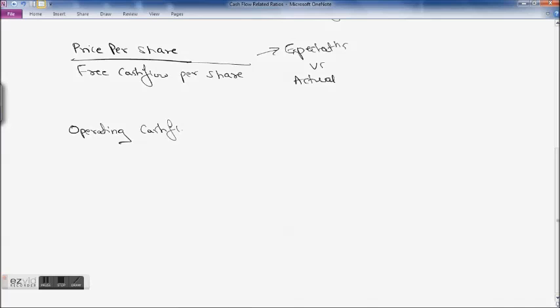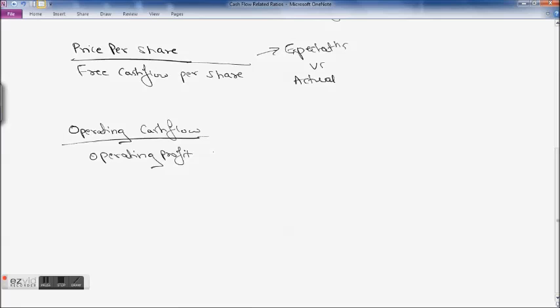Then there is one more ratio, operating cash flow upon your operating profit. Operating cash flow is the profit calculated in terms of cash, that is a cash operating profit, whereas operating profit, which is there in the denominator, is your operating profit calculated as per the accrual method, which is there in your profit and loss account.